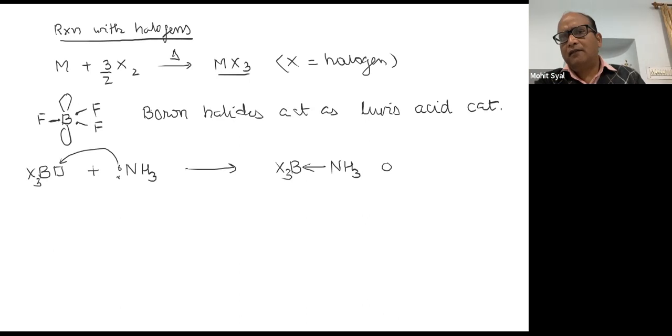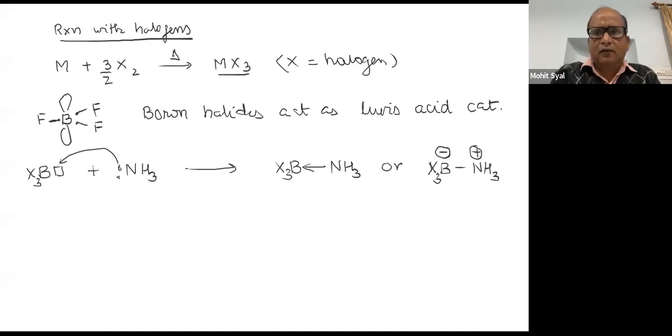Or if I am not putting an arrow, I need to show charges, because nitrogen has donated its electrons. So nitrogen will have a plus charge and boron a minus charge. So this is the Lewis base, the one which can give a pair of electrons, and this is the Lewis acid. Fatima, is it clear? Yes, sir. Any doubt in this?